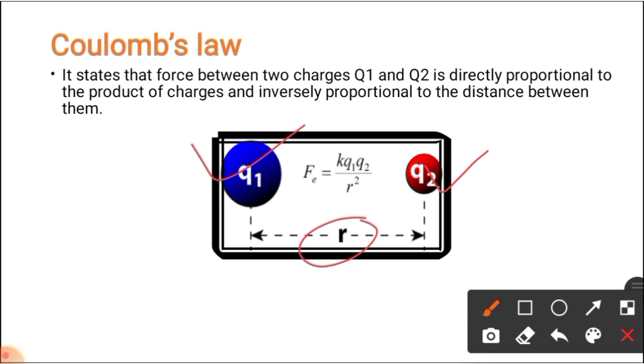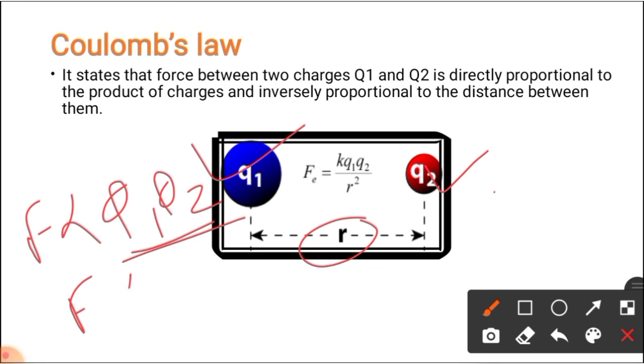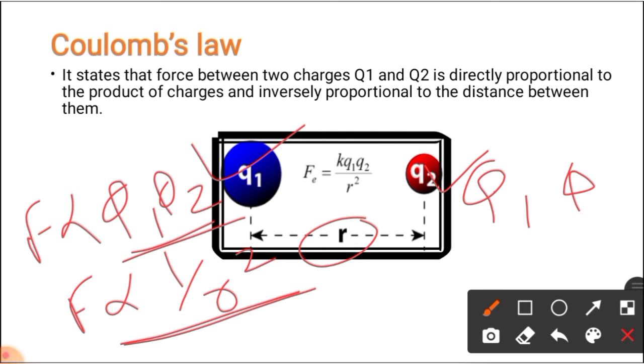Coulomb's law states that the force produced by the two charges is directly proportional to the product of two charges, and it is inversely proportional to the square of the distance between them. So here, if we increase the distance between Q1 and Q2, the force between the two charges will decrease.